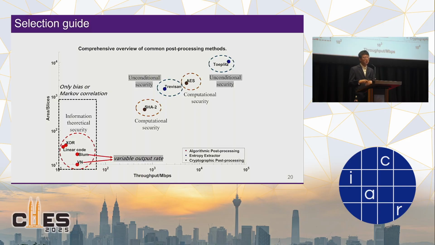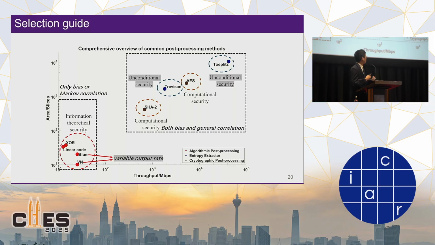In more cases, there will be both bias and general correlation existing in the entropy source. If we have cryptographic primitives in our application systems, then a lightweight cryptographic post-processing will be a suitable choice.